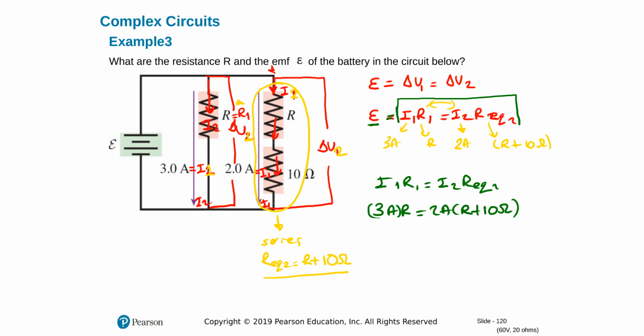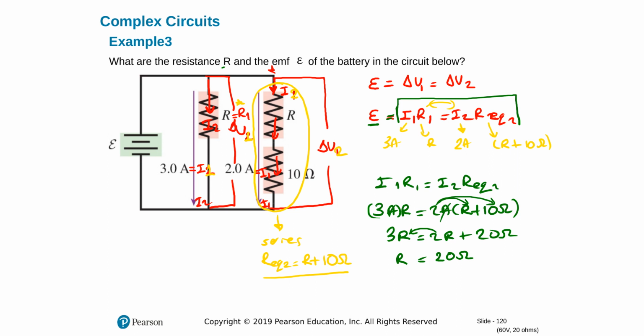Only unknown here is R. Let's drop these amperes, it's unit. 3R is equal to 2R plus 20. When you multiply by this guy inside here, this is 2R times that 20. You open the parentheses this way, right? And now my R, from here I take this guy to the other side as negative. R is equal to 20 ohms. 20 ohms. So I got my R.